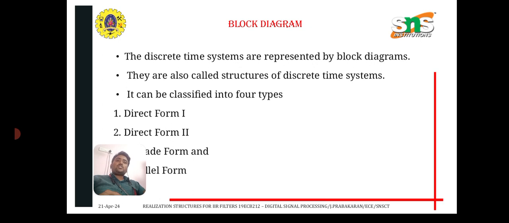It is the most straightforward implementation, but can be numerically unstable for certain filter coefficients. In direct form 2, this method rearranges the direct form 1 structure to reduce numerical sensitivity. It may require fewer operations than direct form 1, leading to potentially faster implementation.